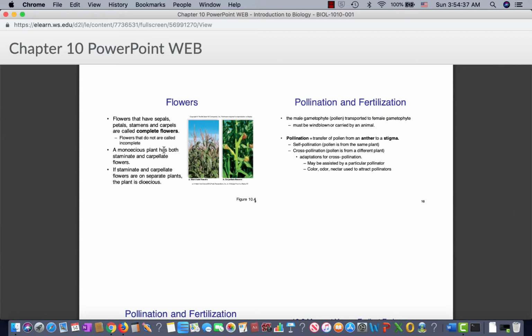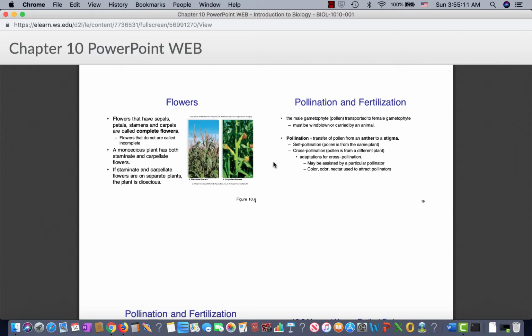For monocots, the plant has both a stamen and a carpel on those flowers, and if the stamen and carpel are on separate plants, it is a dicot. So basically, the monocots have both of these on the same flower, and then the dicot will have them on 2 separate plants. So it's another means of telling them apart.